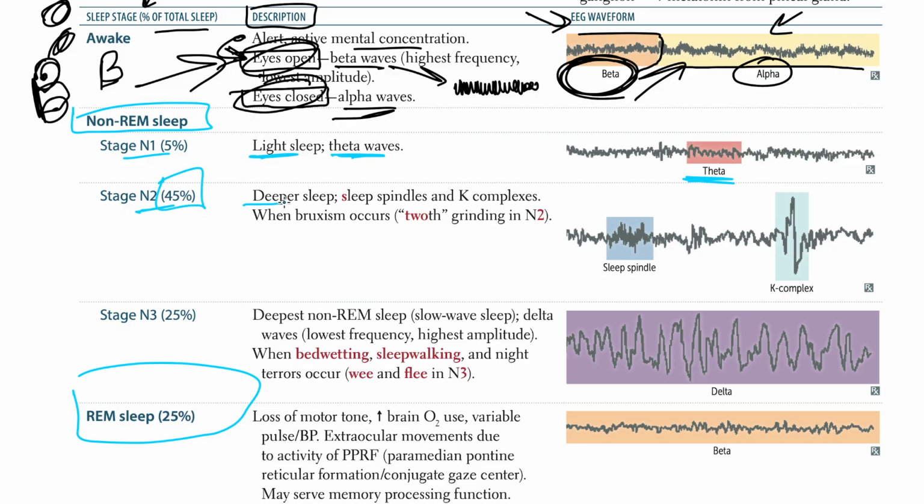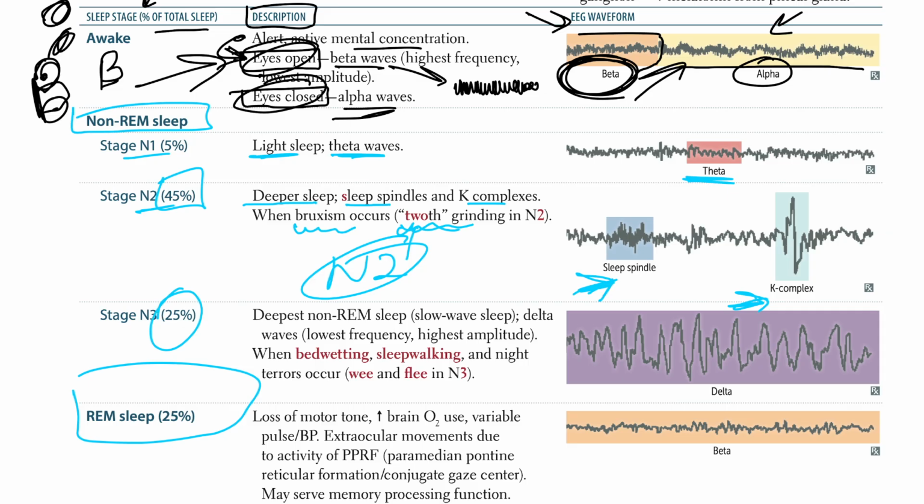It is the deeper sleep with sleep spindles and K complexes. When bruxism, tooth grinding, occurs, it's in N2. So N2, tooth grinding, with sleep spindles and K complexes.